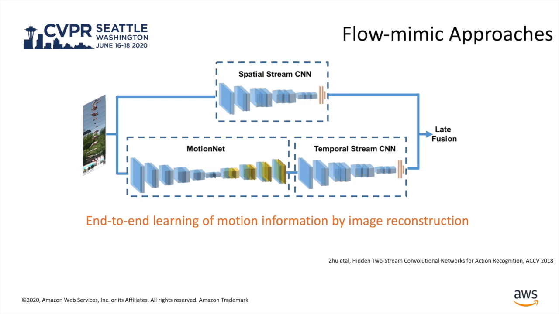Instead of replacing optical flow, hidden two-stream networks completely remove the need for optical flow by proposing MotionNet. MotionNet is a lightweight network to learn motion information in an unsupervised manner, and when concatenated with a temporal stream, is end-to-end trainable.